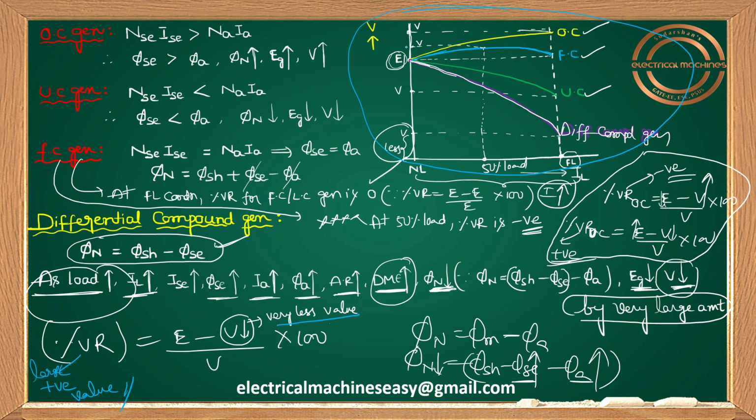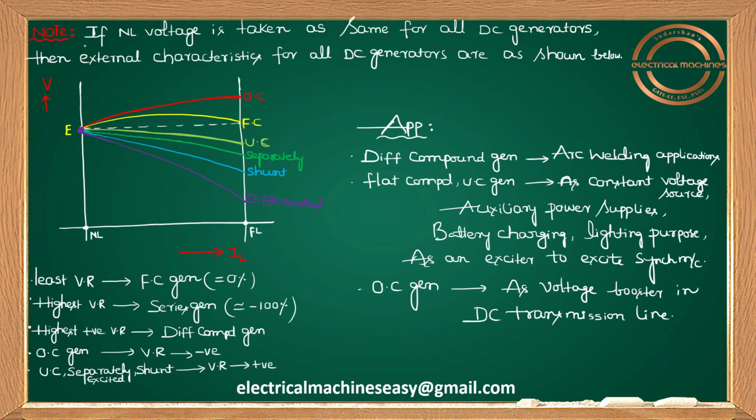I'm assuming the no load voltage as E for all DC generators, except the DC series generator. What is the reason? For a DC series generator, the no load voltage is 0, or residual EMF, a very less value. So the external characteristics for all DC generators are as follows.